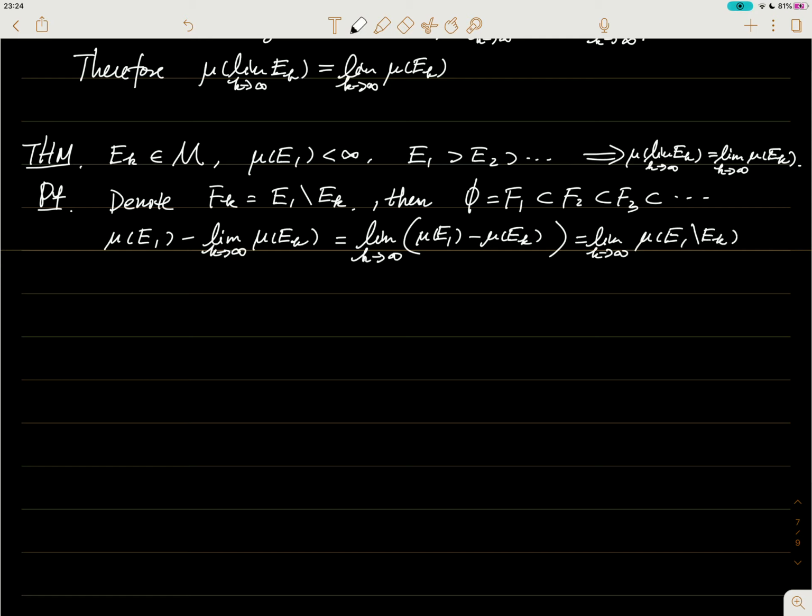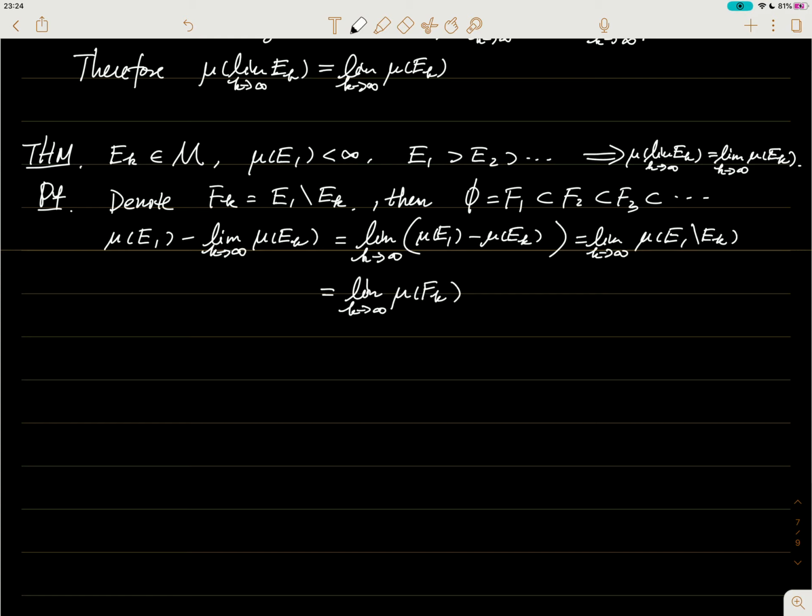The reason is the E1 contains Ek, so that E1 can be decomposed as Ek and E1 minus Ek. Right? So this is the union of this and this, and these two are disjoint. So this right hand side will be equal to just the Fk according to our definition.